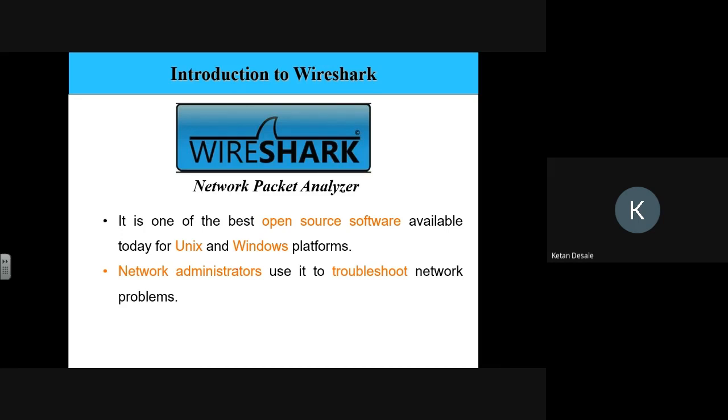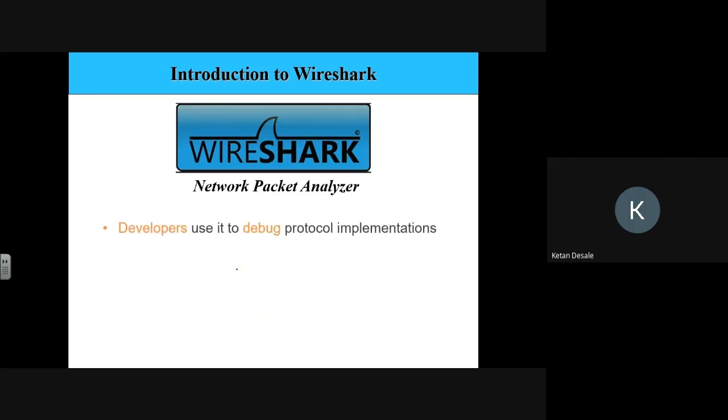So why are we using Wireshark? Normally network administrators use it to troubleshoot network problems. It is not restricted to network administrators; network security engineers use it for examination of security problems, along with network problems.